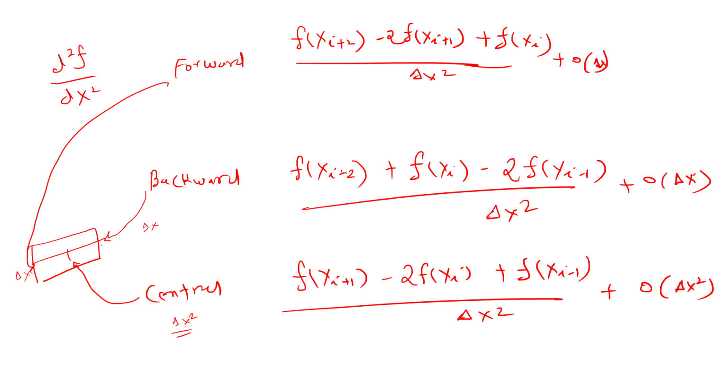Then the overall formulation will have the lowest accuracy. So the overall discretization of this domain is not of order delta x square, it is of order delta x. If I want to improve this order, I need to incorporate more points to enhance it from order delta x to order delta x square.